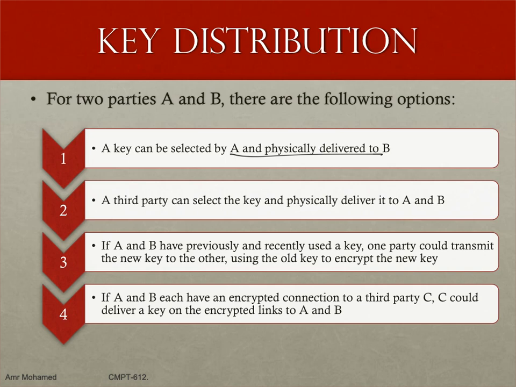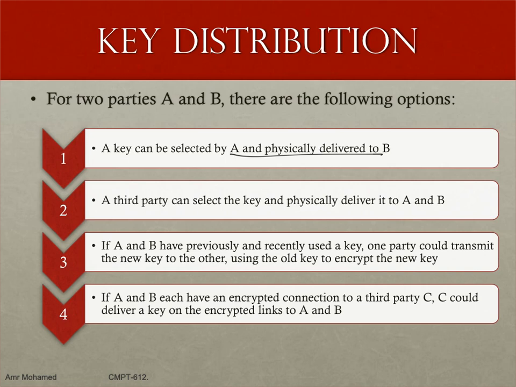So if A and B have previously used a key, one party could transmit the new key encrypted by the current key. So we have a shared key now, but we want to share another secret key. We can use the current key to encrypt the new key, and we can share it easily.